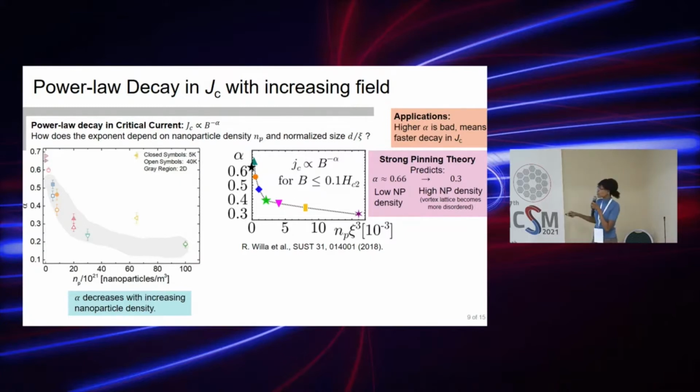More quantitatively, if we look at alpha at low nanoparticle densities, we see an alpha of about 0.65, which is very similar to what's predicted. And then at high densities, alpha is about 0.2, and they predict about 0.3. But again, our axes are normalized differently.